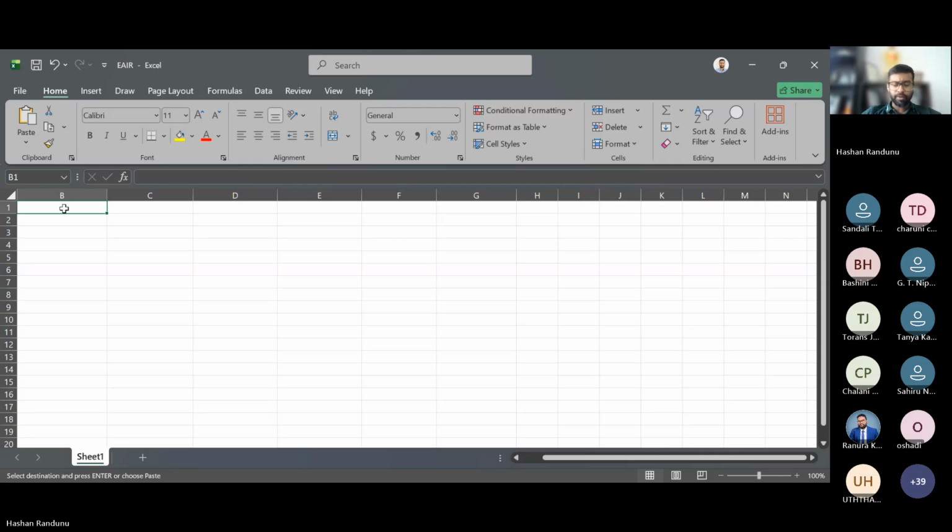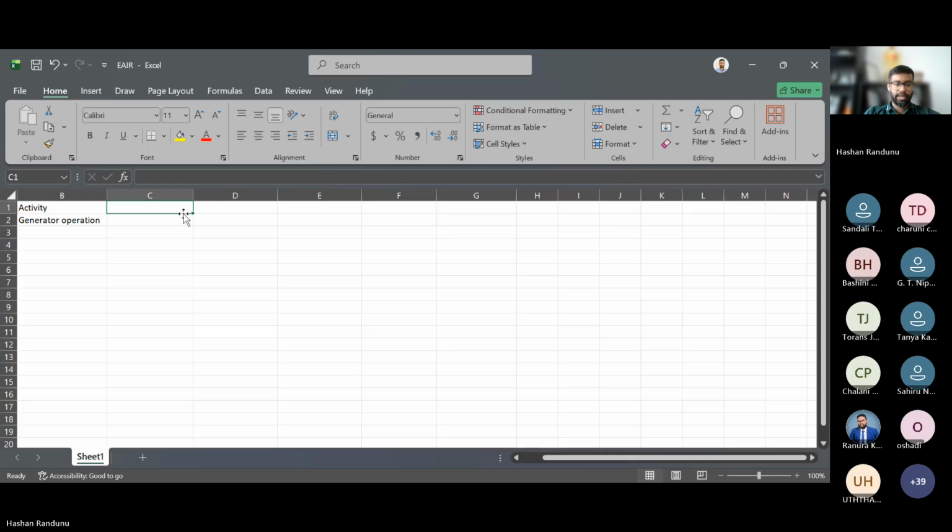So first, we need to consider the activity, right? As an example, I will take the generator operation.